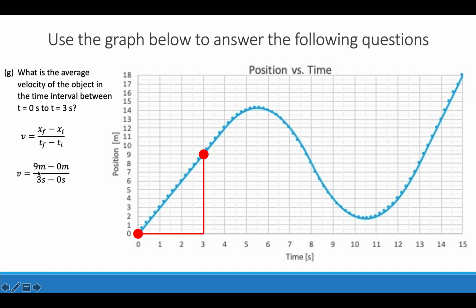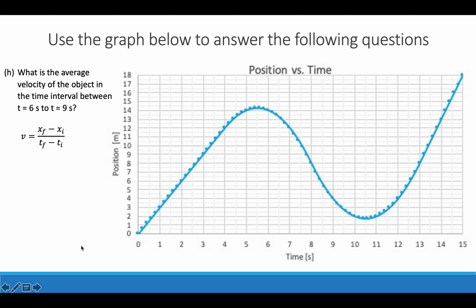So there's my final position, my final time, initial position, initial time, and I get 3 meters per second. And I could go over here and say the amount I've moved between those 2 points is 9, which is my top number, and then along the horizontal is my 3 seconds.